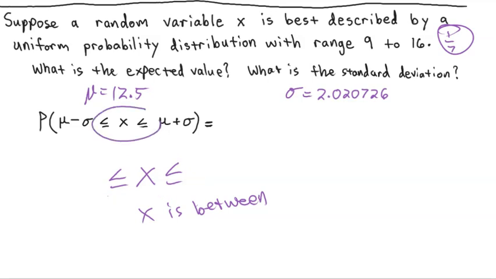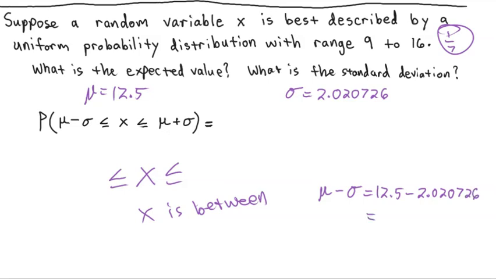So what is the probability that x is between mu minus the standard deviation, so this is the mean minus the standard deviation, and the mean plus the standard deviation. Well, we can find out what these are. Mu minus the standard deviation is 12.5 minus 2.020726.